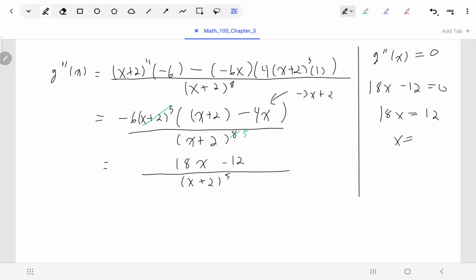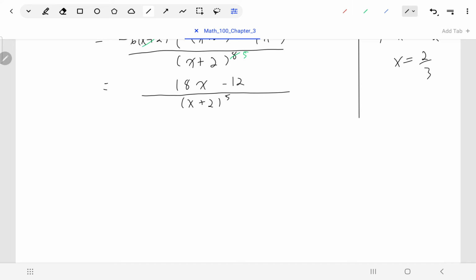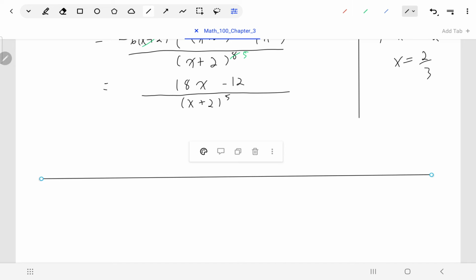So we have two different numbers now that we need to put on our number line. We have on our number line the 2/3 that we need to put on. We also need to put on the other value, which is where our function was undefined. That was at x equal to -2.